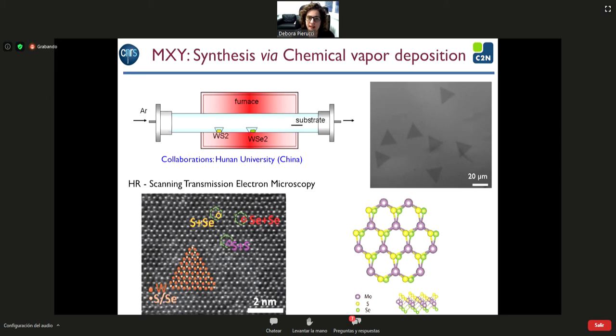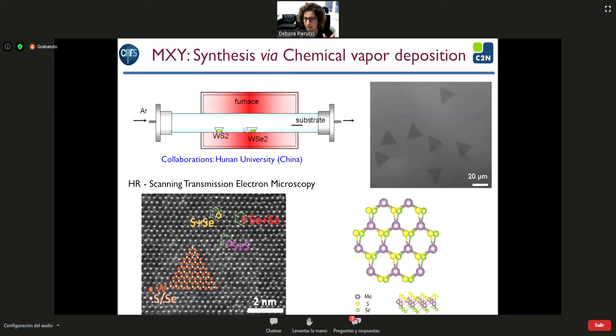This technique, as mentioned before, is a very useful technique to obtain huge flakes. In particular, a chemical vapor deposition setup is formed by a quartz tube, where at different positions inside the furnace we can locate our precursors, in our case powder of tungsten disulfide and tungsten diselenide. When we raise the temperature of the furnace, we have a temperature gradient inside the tube.